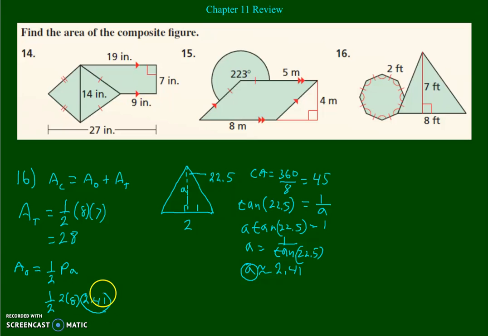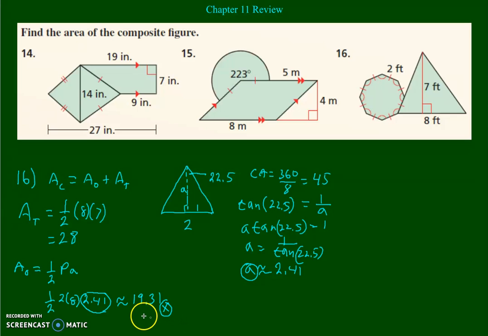We're going to use the value that we had stored in memory there. That gives us approximately 19.31. Again, I'm going to store that in some memory location. Since I'm already using A for apothem, I'm just going to store this in X.